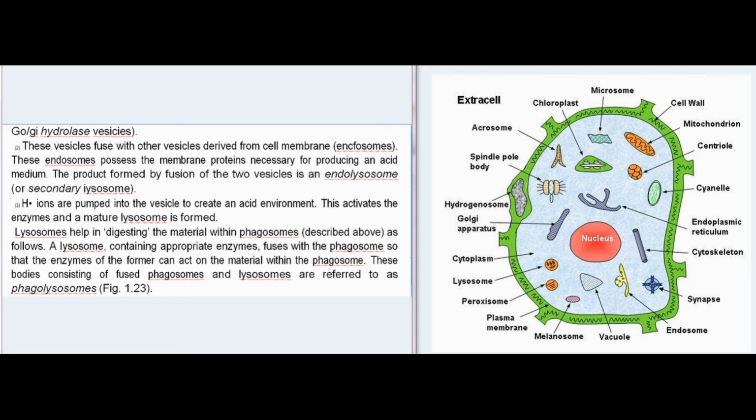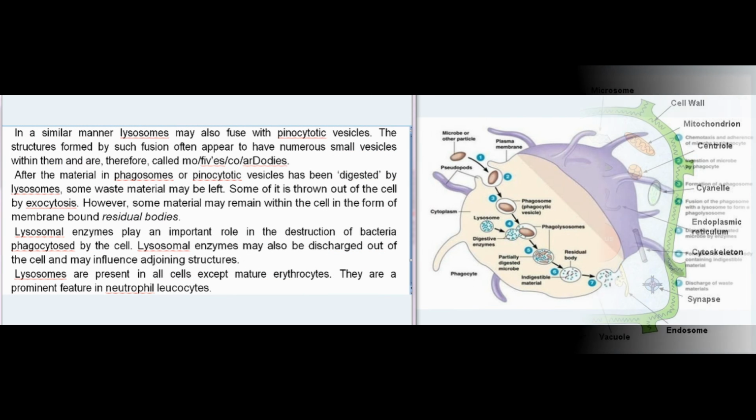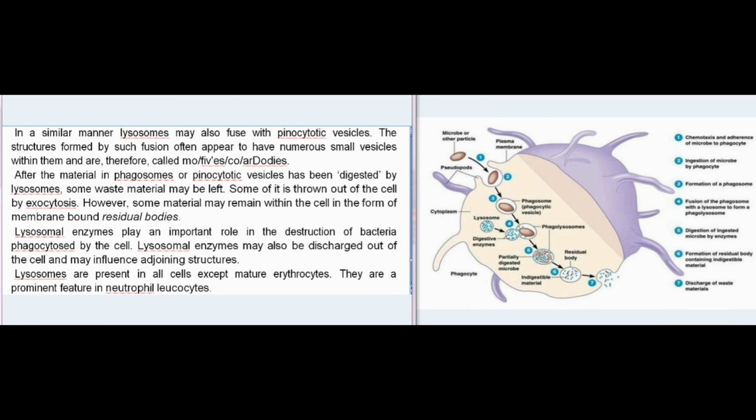Lysosomes help in digesting the material within phagosomes, described above, as follows. A lysosome, containing appropriate enzymes, fuses with the phagosome so that the enzymes of the former can act on the material within the phagosome. These bodies consisting of fused phagosomes and lysosomes are referred to as phagolysosomes, Fig 1.23. In a similar manner lysosomes may also fuse with pinocytotic vesicles.